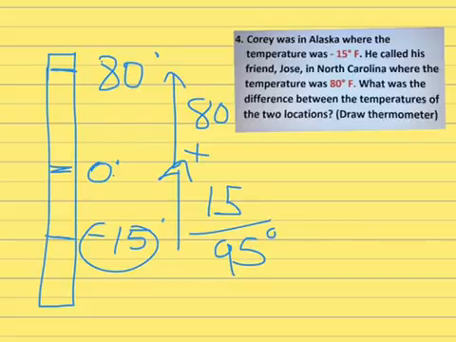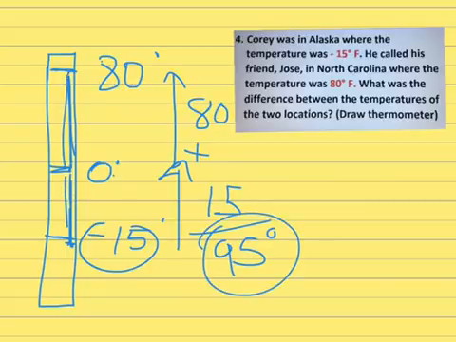So actually there's a total of 95 degrees between these two temperatures. From negative 15 to get back to 0 is 15. Then I have to go 80 more degrees. So 15 plus 80 is a total of 95 degrees. And that is your answer to the problem. The difference between the temperatures of the two locations is 95 degrees.